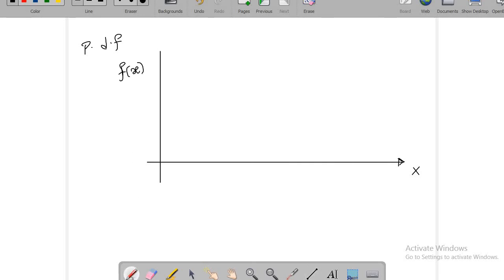And remember one thing, this f of x value need not lie between 0 and 1. This is just the probability density function.